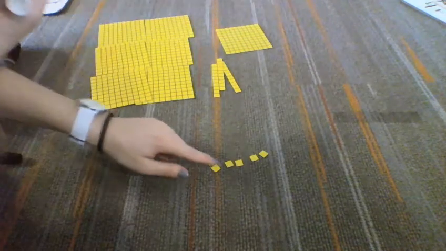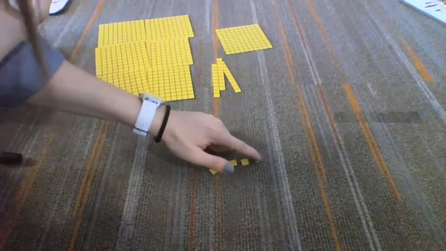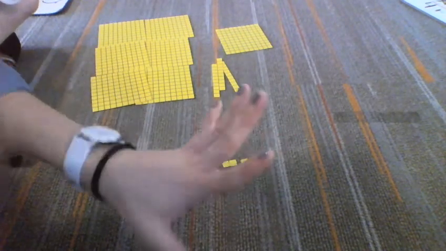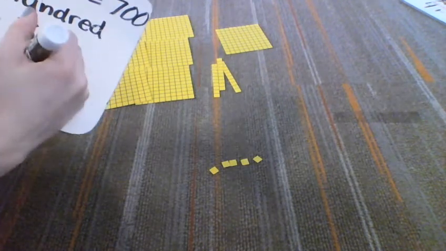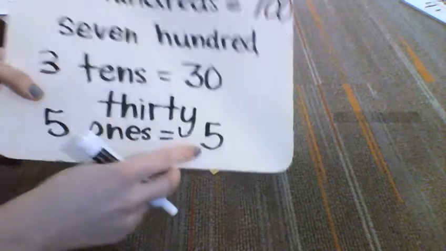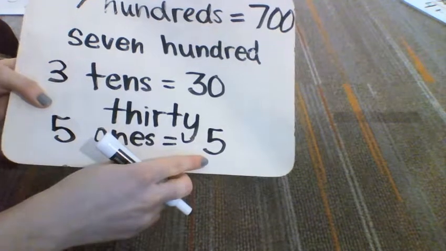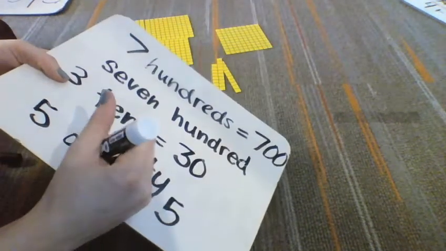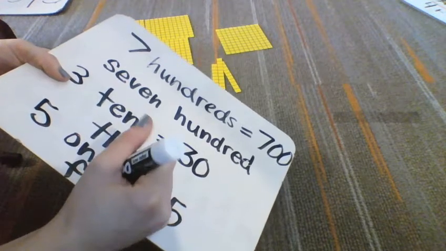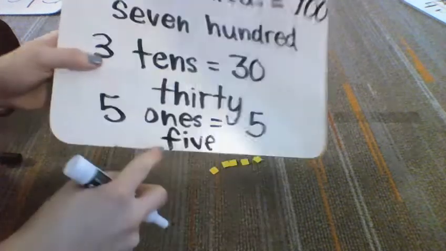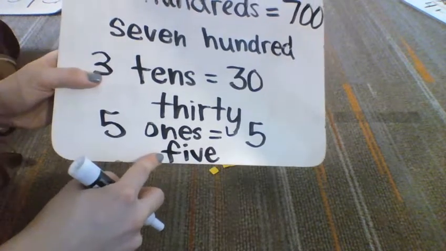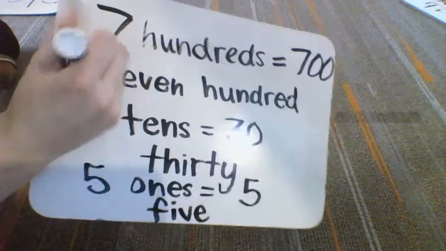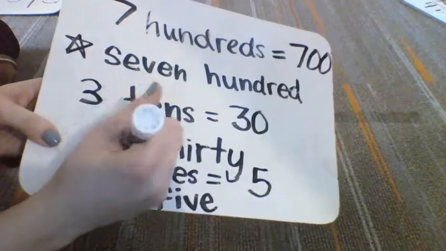How many did it equal? 1, 2, 3, 4, 5. Equaled 5. We just say the word 5. So it equals 5. And how do we write that in words? Five. Again, sound it out. So now if we're just looking at the words, I'll put some stars by the words that we wrote.